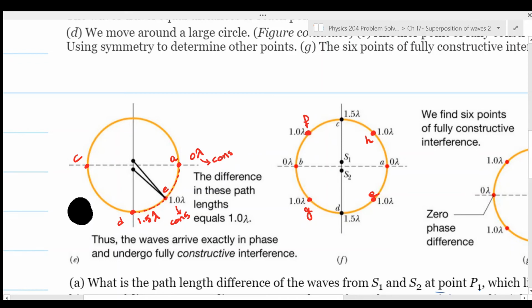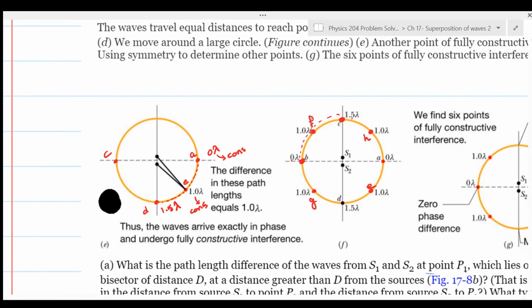So we have 6 points of fully constructive interference, because between each of these 2 points, where we have a path length difference of 0 lambda and 1.5 lambda, there must be an intermediate point where the path length difference is 1 lambda. So we can now deduce that these are the numbers of constructive interference points.